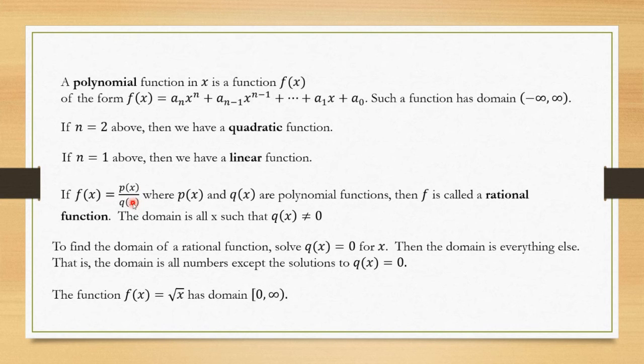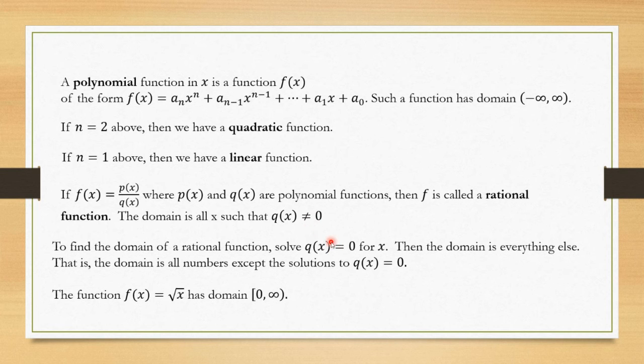And the domain is all x such that the denominator is not 0. Again, we never divide by 0. We're not going to graph these functions. You learn how to graph those in, I want to say, pre-calculus, Math 105. The book goes into how to graph it, but we're not going to do that.